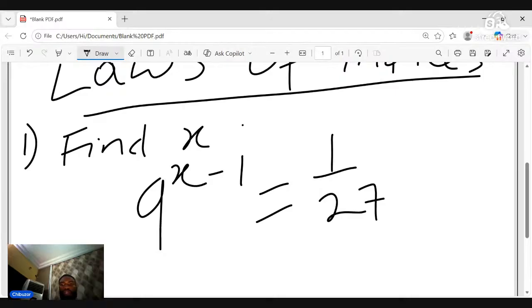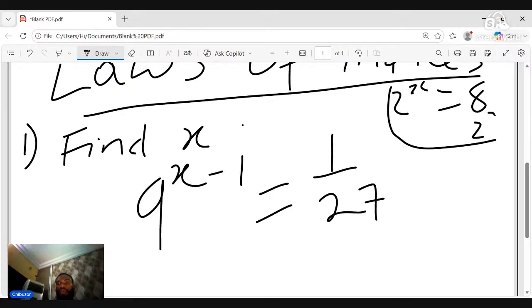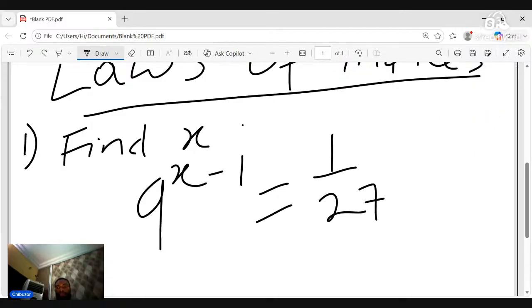Unlike the first one that was just basic, the first one we saw that 2^x is equal to 8, and we simply had to convert this to 2 raised to power 3, 2 raised to power 2x, and cancel out 2. But here we are having fractions. So what do we do?